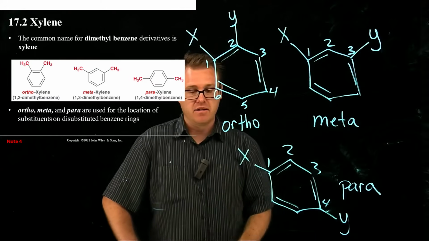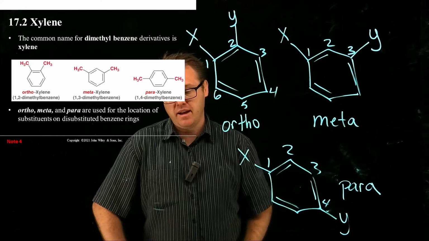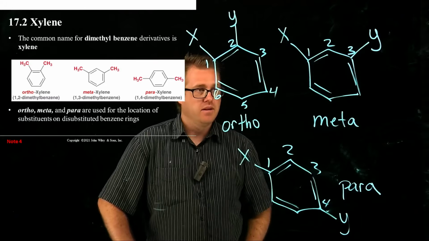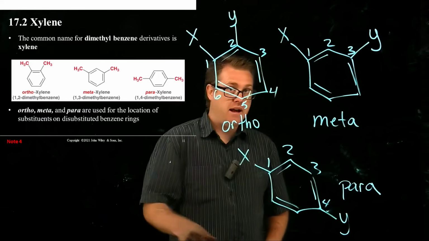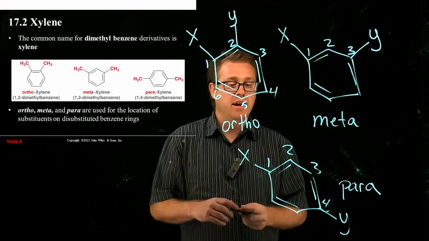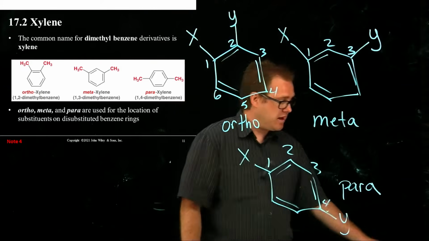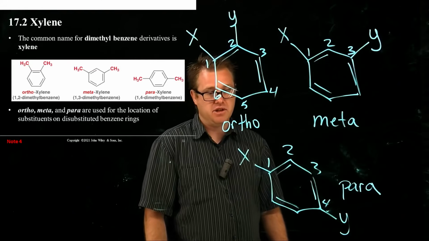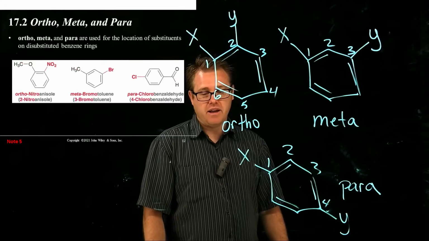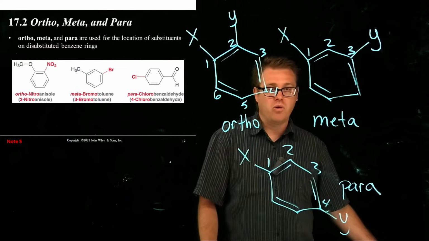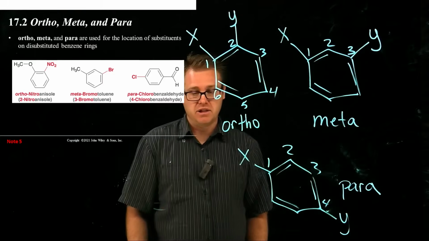And you can see that there's orthoxylene, metaxylene, and paraxylene. But now there's more molecules than just xylene, right? So we can have X's and Y's, and we will look at some other molecules with different substituents. But they all have that ortho, meta, para relationship.